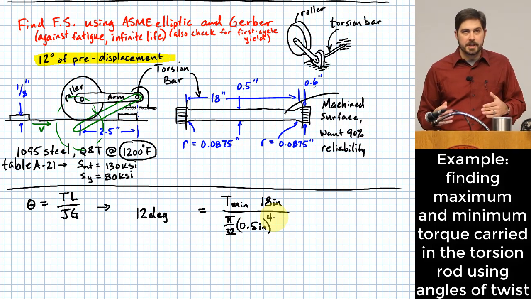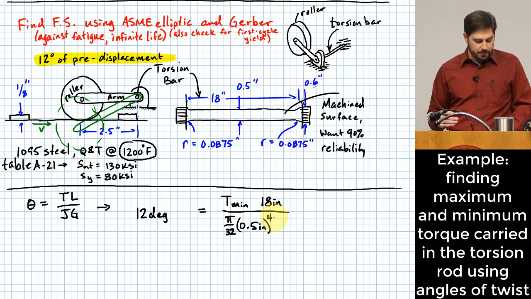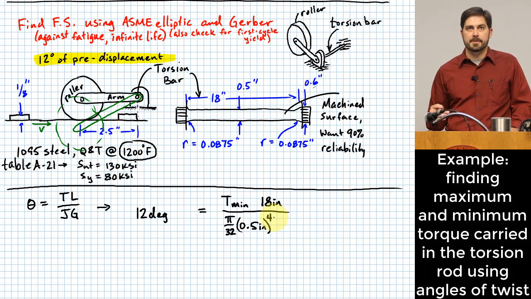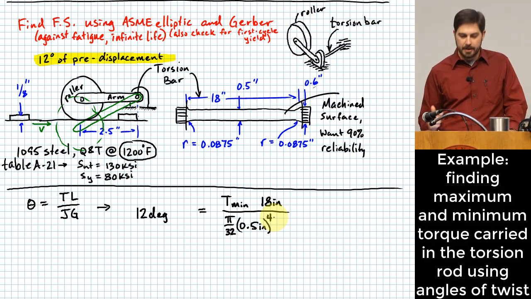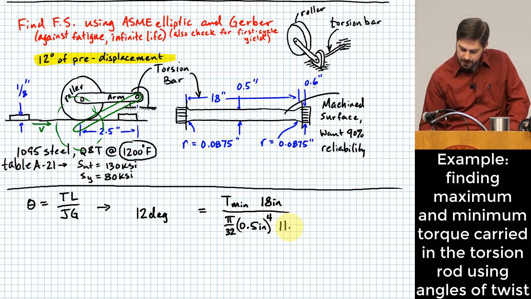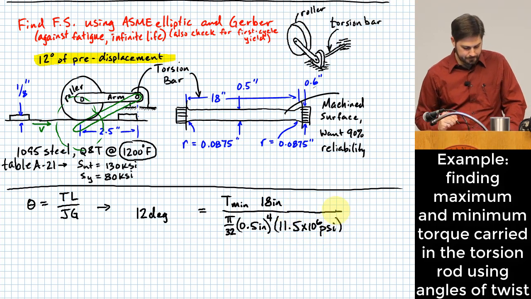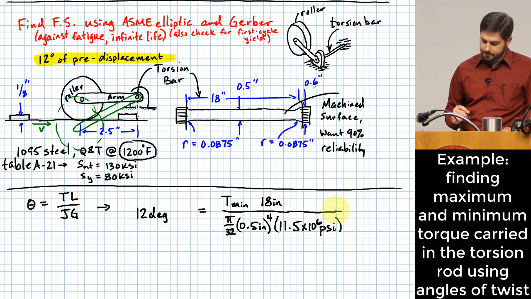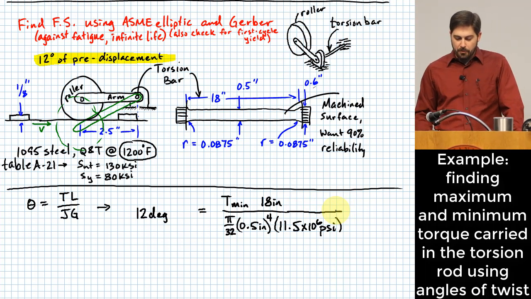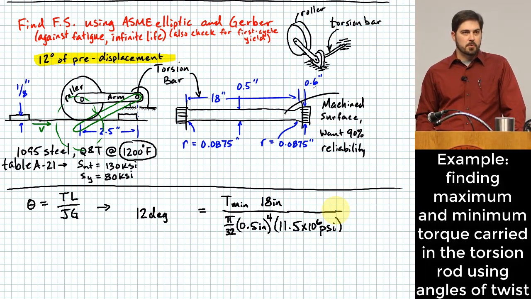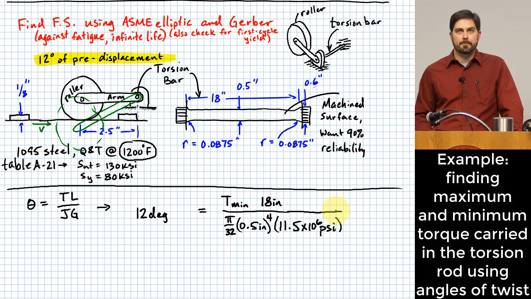Modulus of rigidity for this material. The modulus of rigidity for steel can be looked up. I believe it's in table A5 at the end of the book, and it is 11.5 times 10 to the 6th psi. Now, before I start plugging and chugging here, there's one thing I should probably take a look at.